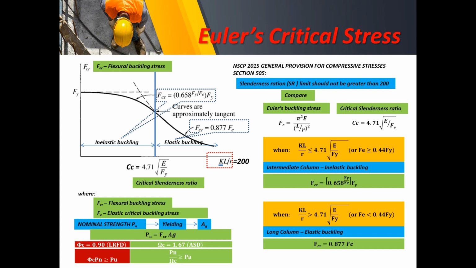So that is also similar to the factors that were used in the tension members. Hence, under LRFD, we can derive the design load equal to phi Pn, while on the ASD, we can derive Pa, which is the quotient of Pn all over omega c.